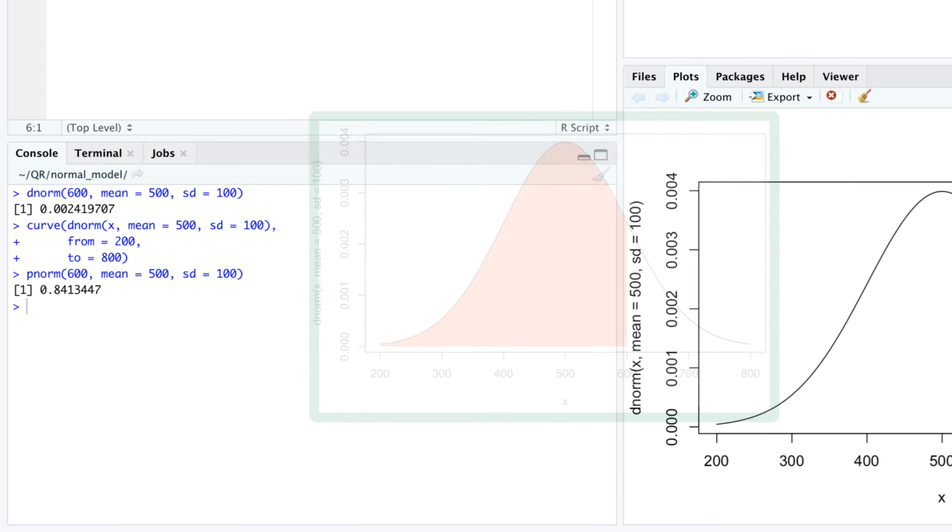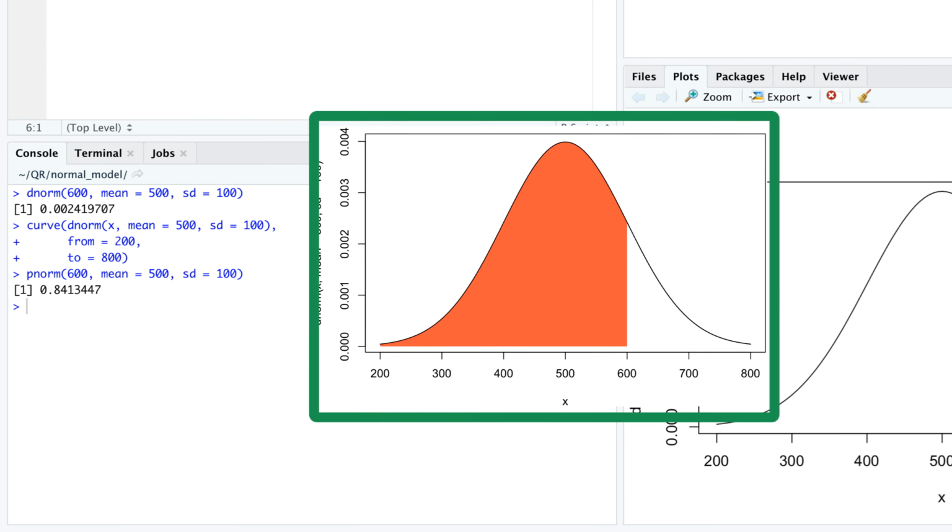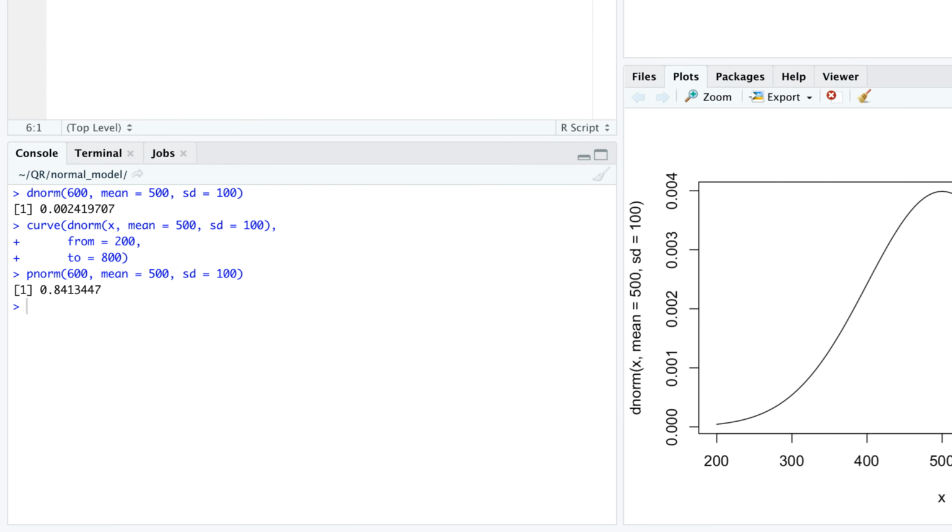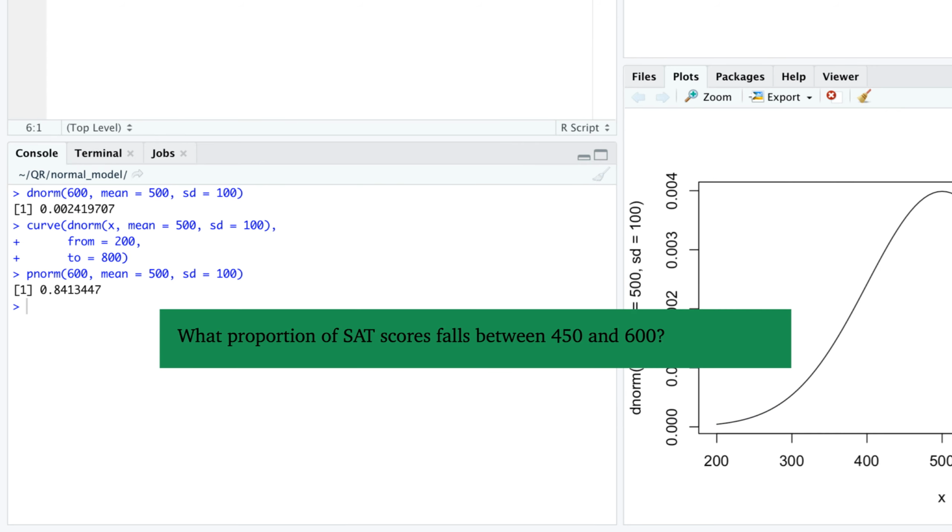We can think of pnorm as the red area under the bell curve. Note that the total area under the curve, from x equals minus infinity to x equals plus infinity, is normalized to be equal to 1. With this picture in mind, it's easy to solve the next problem in the textbook. What proportion of SAT scores falls between 450 and 600?